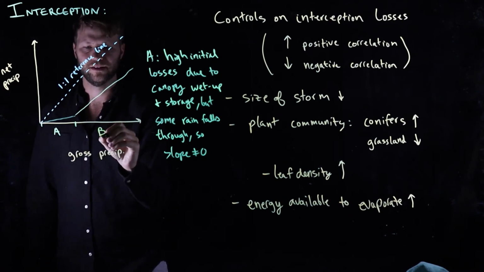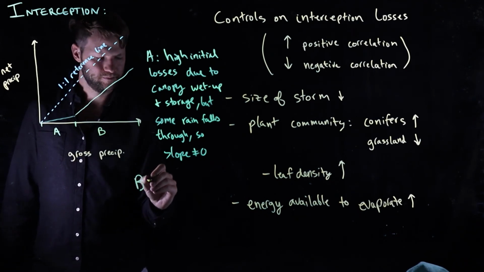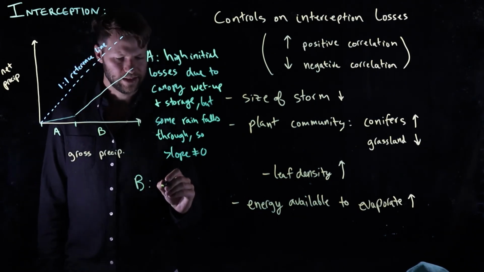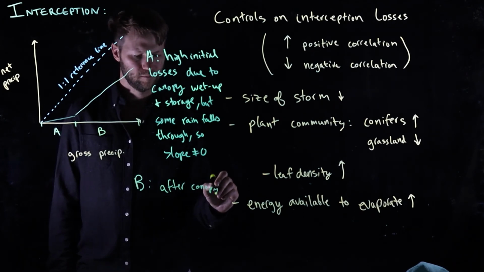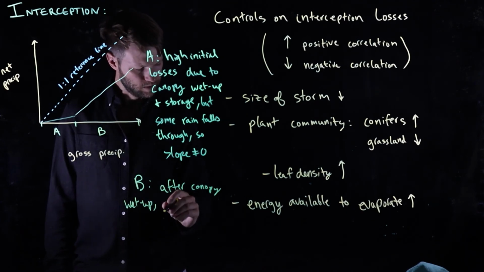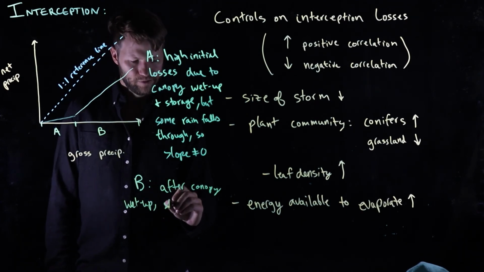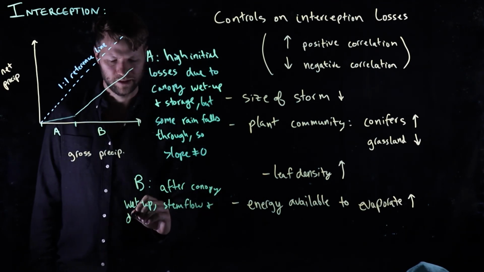So we'll call this period B. And during B, this is after canopy wet up. The stem flow and drips off leaves are steady.